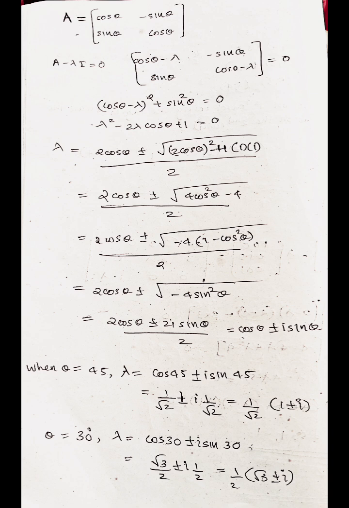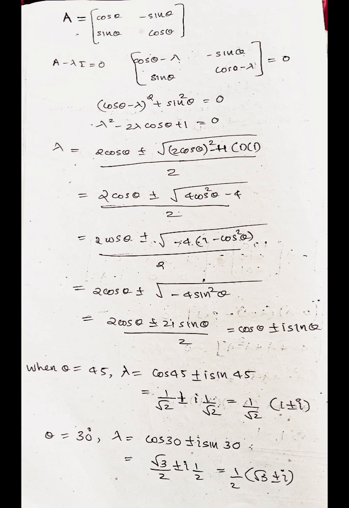That is lambda equal to [2 cos theta plus or minus square root of (2 cos theta) the whole square minus 4 into 1 into 1] by 2. That is equal to 2 cos theta plus or minus square root of 4 cos square theta minus 4, by 2, and this is equal to 2 cos theta plus or minus square root of minus 4 into (1 minus cos square theta), by 2, and this is equal to 2 cos theta plus or minus square root of minus 4 sin square theta, and this is equal to (2 cos theta plus or minus 2i sin theta) by 2, and this is equal to cos theta plus or minus i sin theta.